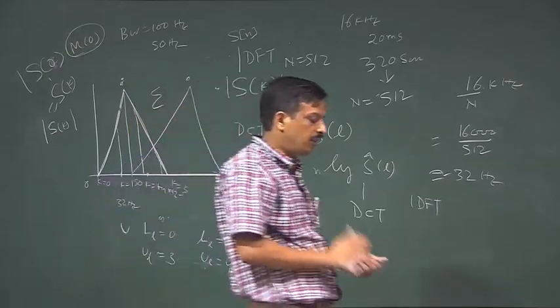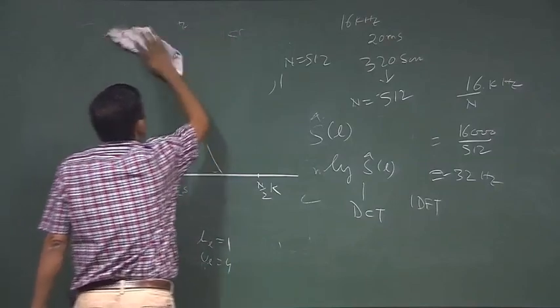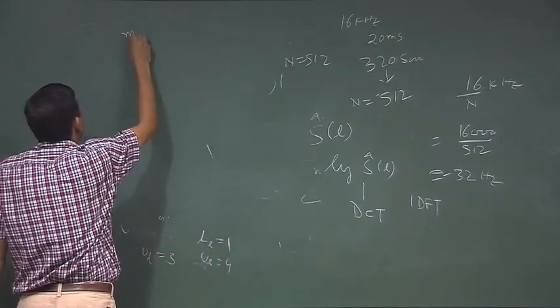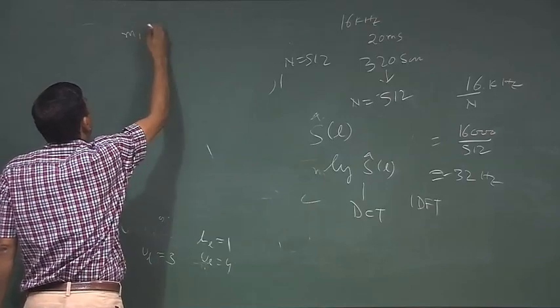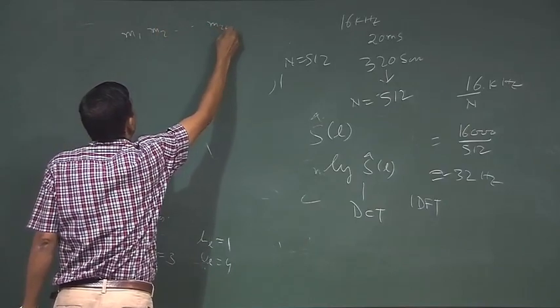Okay? Discrete cosine transform. Now, I go for the delta spectrum. Suppose I calculate MFCC coefficients m equal to 1, 2, up to 20, let us say 20 MFCC coefficients, M20.